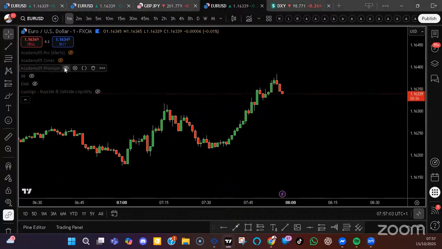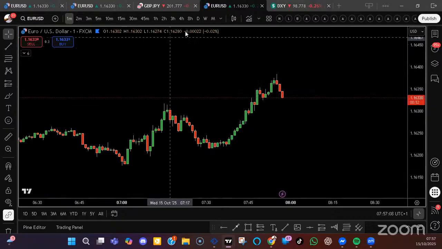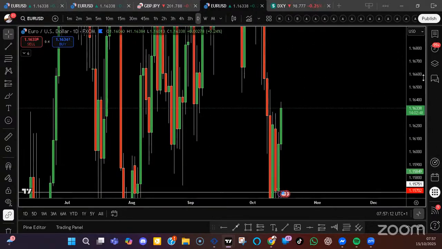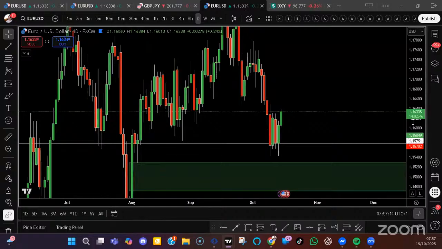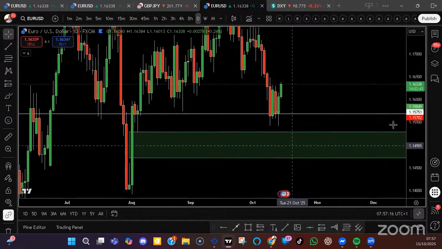Take the indicators off. Go all the way to the daily, so we can get a sense of what maybe might be going on from where we are at the moment.